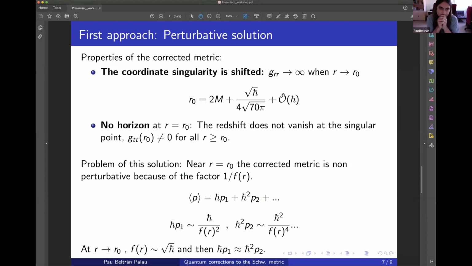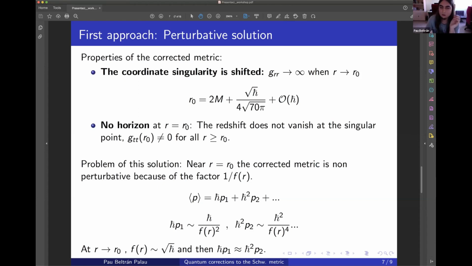No? And the main conclusion that we found is that there is no longer a horizon at this coordinate singularity, at this point r equal to r0. And why is that? Because the redshift, the time component of the metric, does not vanish at the singular point. In Schwarzschild we have that at r equal to 2m, g_tt goes to 0 and g_rr goes to infinity.